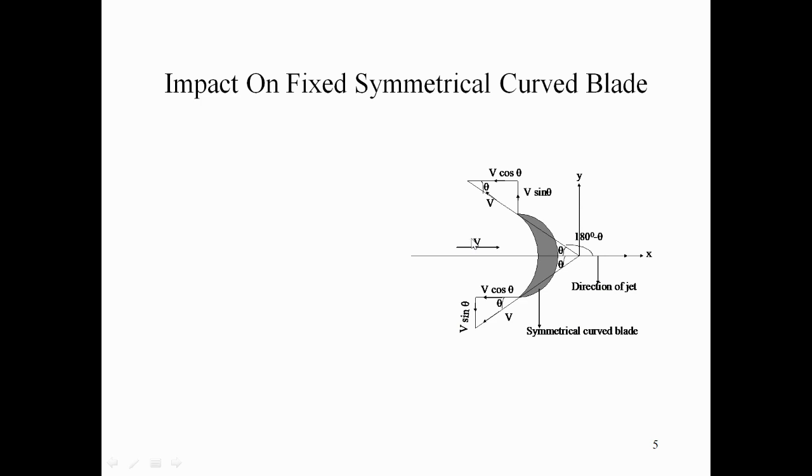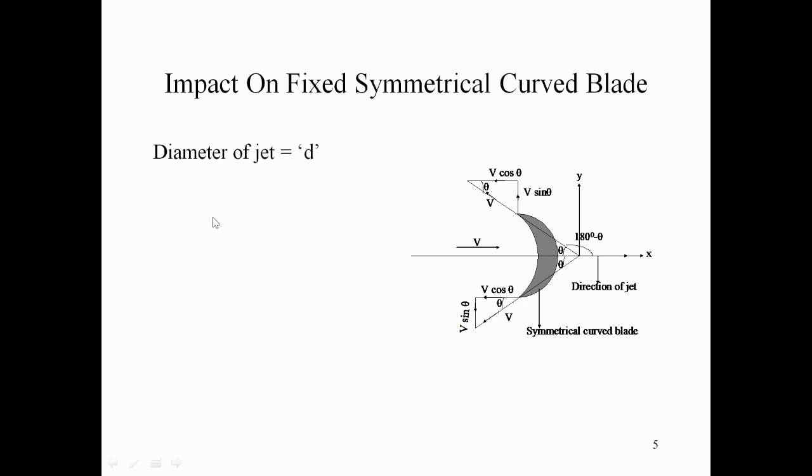From this diagram, we know that the diameter of the jet is represented as d. The diameter of the jet is not shown exactly here; it shows only the fixed symmetrical curved blade.